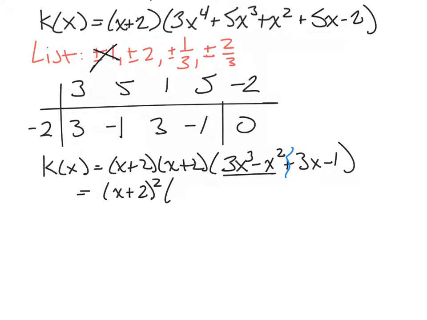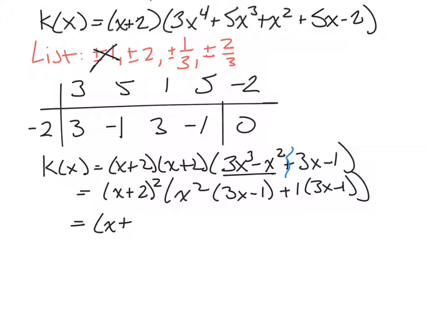And out of the front half, take out an x squared. And out of the back half, factor out a 1. Then we have it completely factored as x plus 2 squared times 3x minus 1 times x squared plus 1.